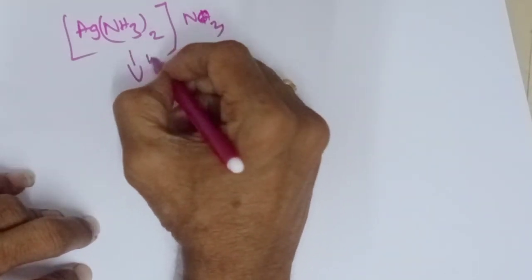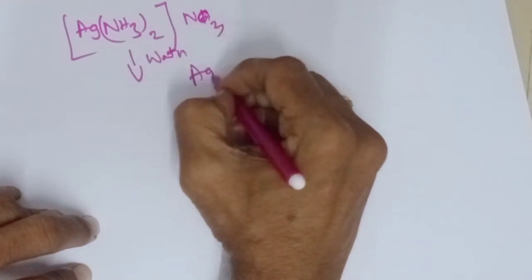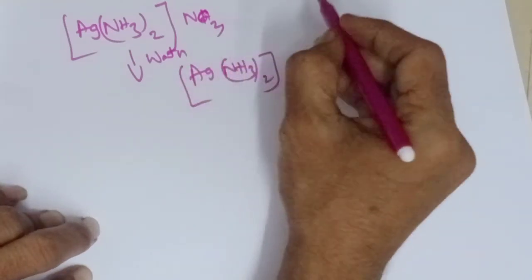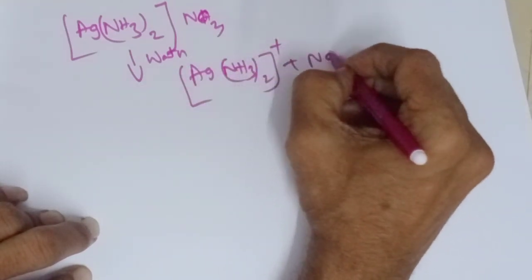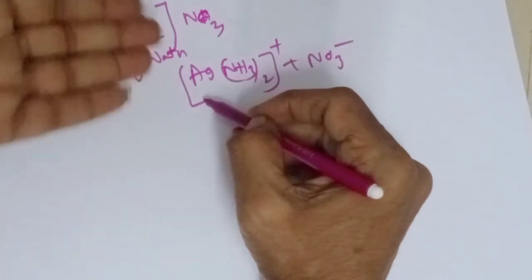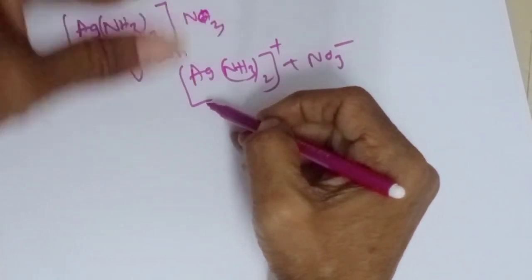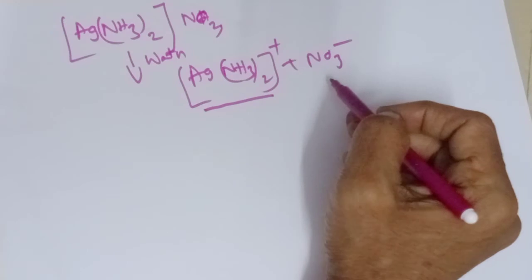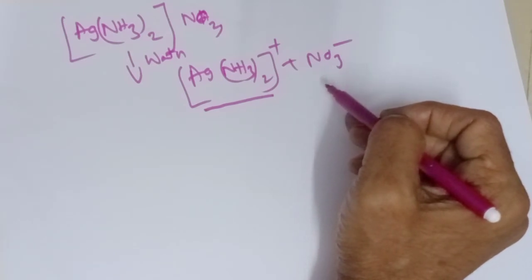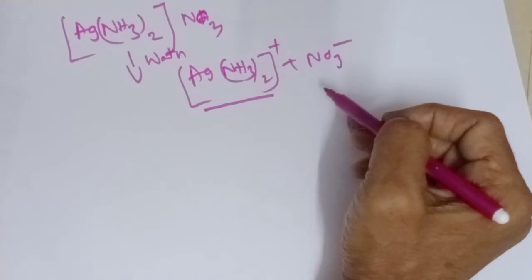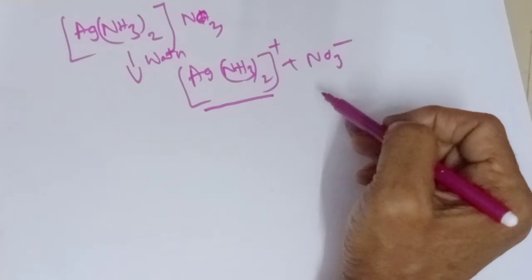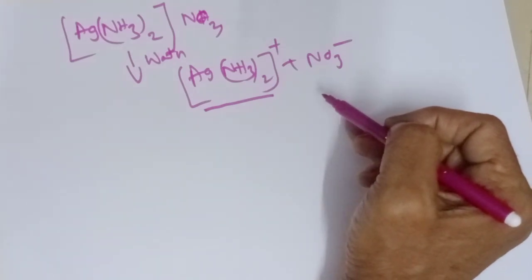If you dissolve in water, we have [Ag(NH3)2]+ plus NO3 minus. You see, we do not have silver ions, we do not have ammonia; only this type of complex we obtain. So complex definitely does not lose its identity in solid state as well as in aqueous solution. That is the most important difference between double salt and complex.